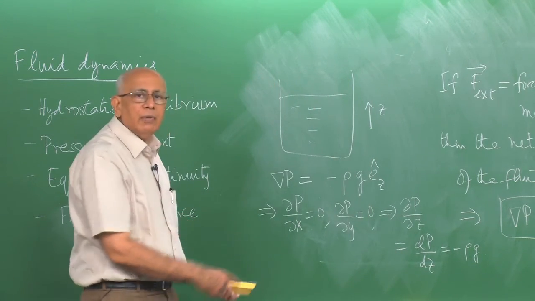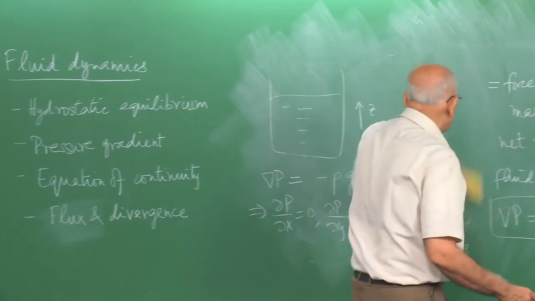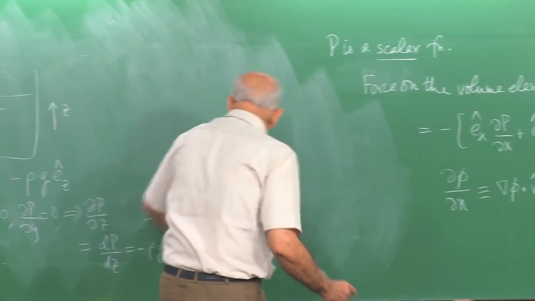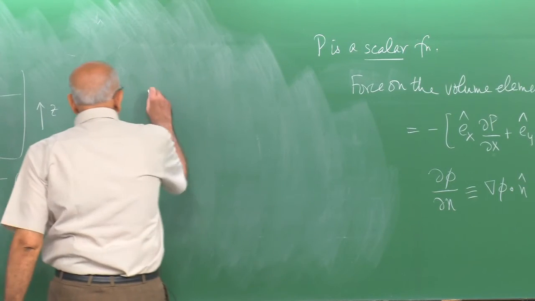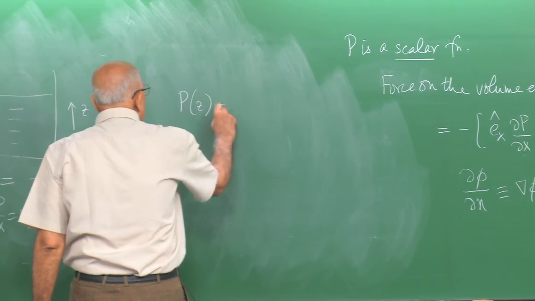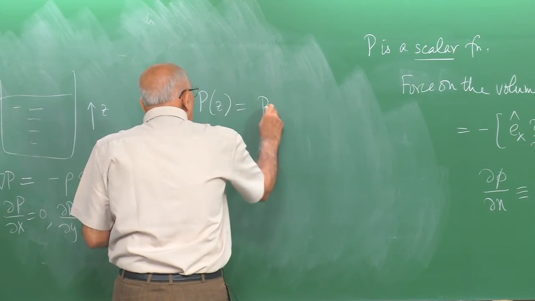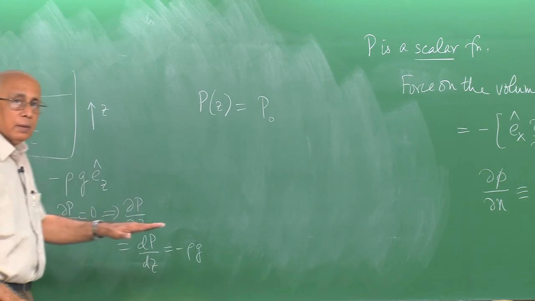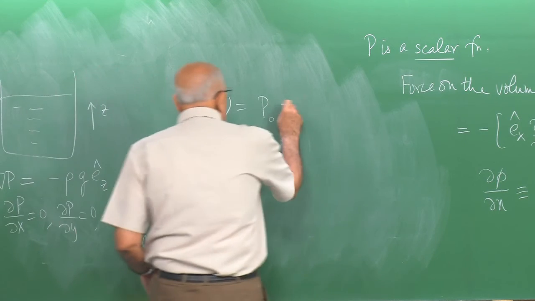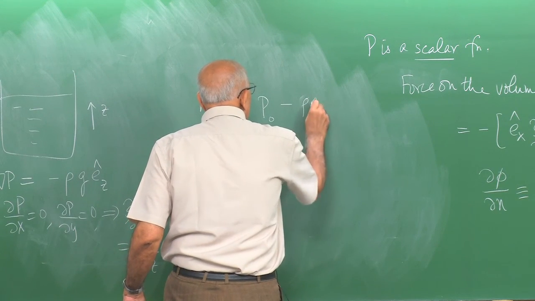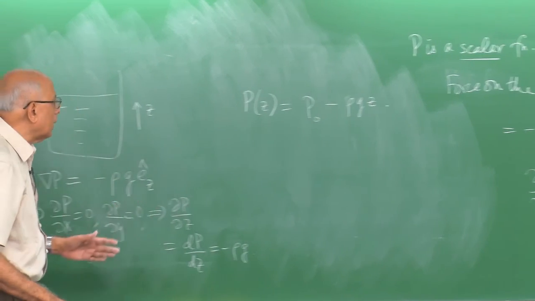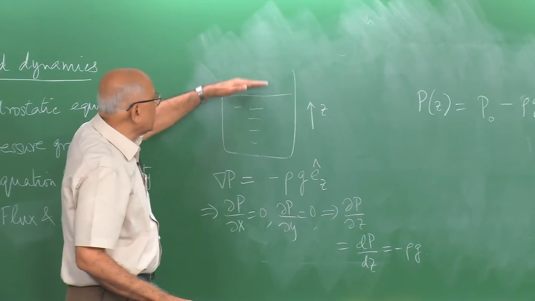And of course you can trivially integrate this to write P of z in this case equal to P0, which is maybe the pressure at the floor of this vessel, minus rho g z. This is a statement we know immediately: the pressure decreases as you go up.